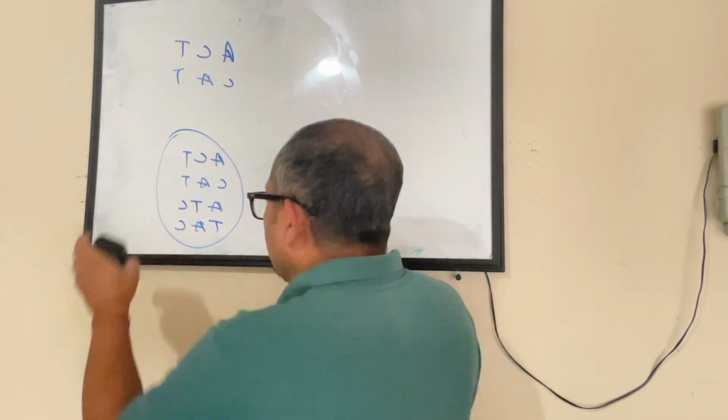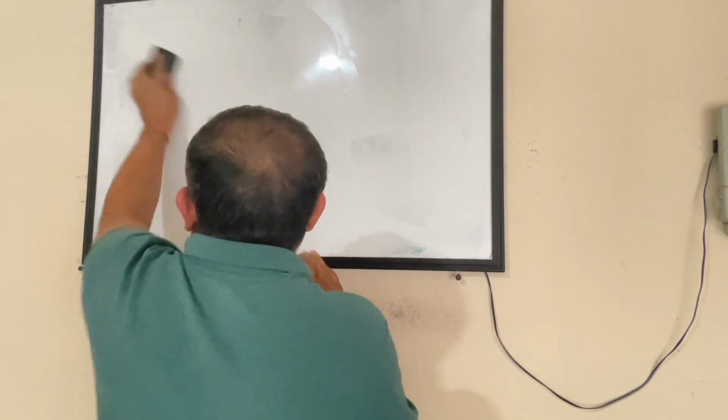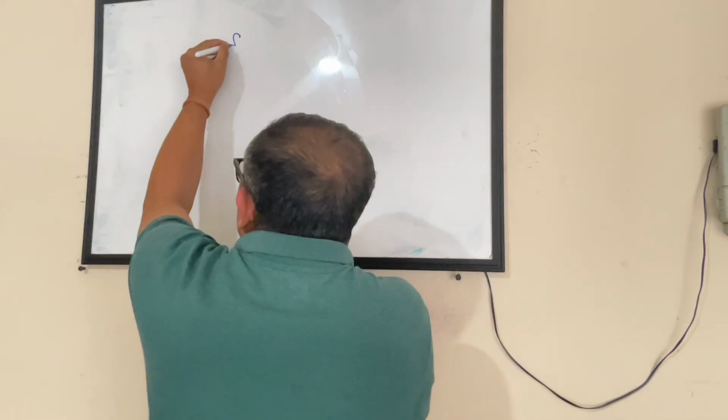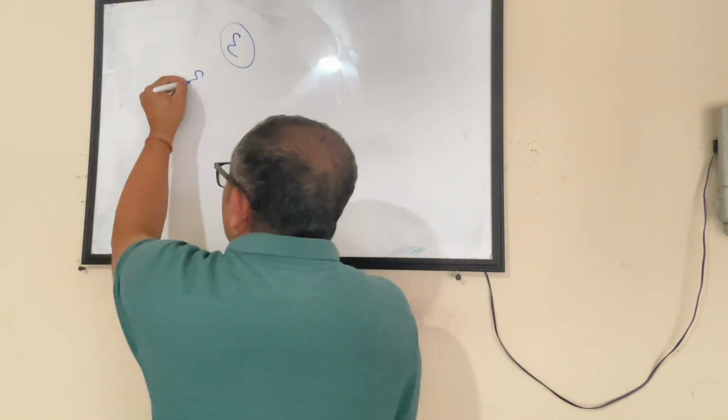So now we have seen that if I have, let's say, three things to be arranged or organized, we can do that in 3 factorial ways.